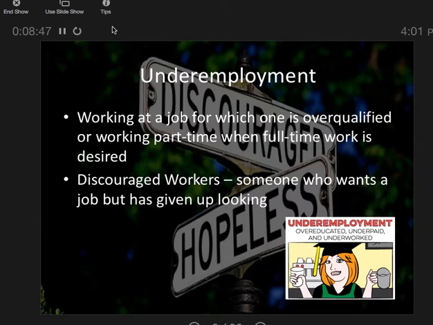Usually this takes place especially when anyone in their upper 40s and 50s gets laid off or fired. They're going to have a hard time getting a job somewhere because they are overqualified. The reason behind that is that they have so much experience that companies do not or cannot afford to pay what would rightly be desired by the person applying for the position. So underemployment means overqualified when it comes to a certain position.